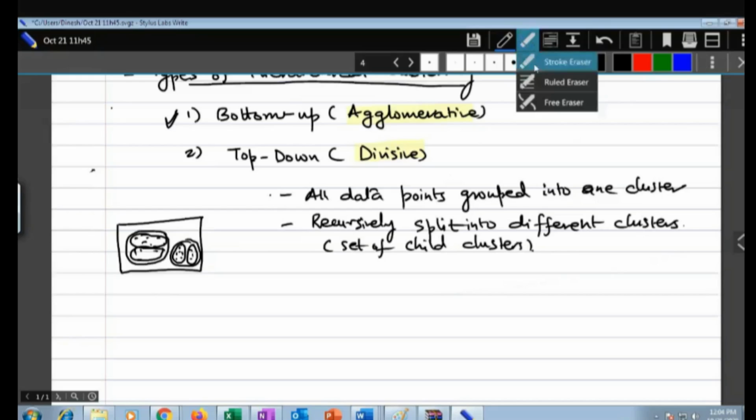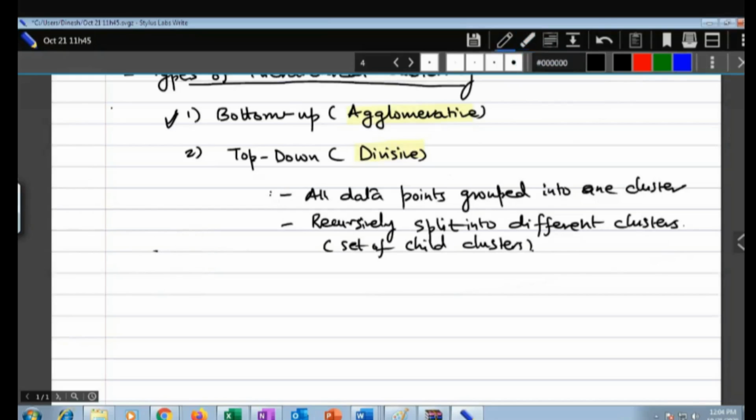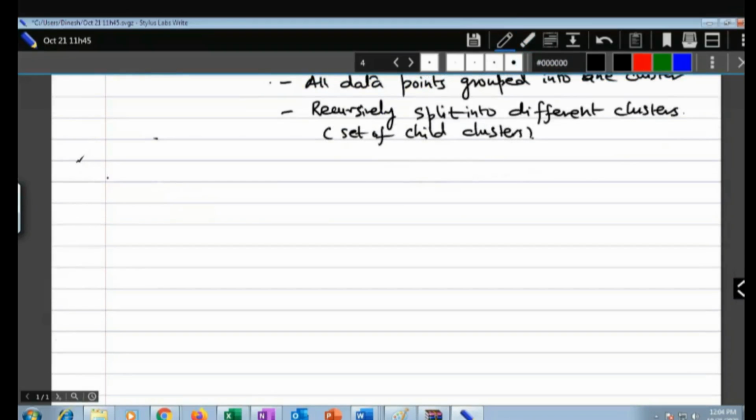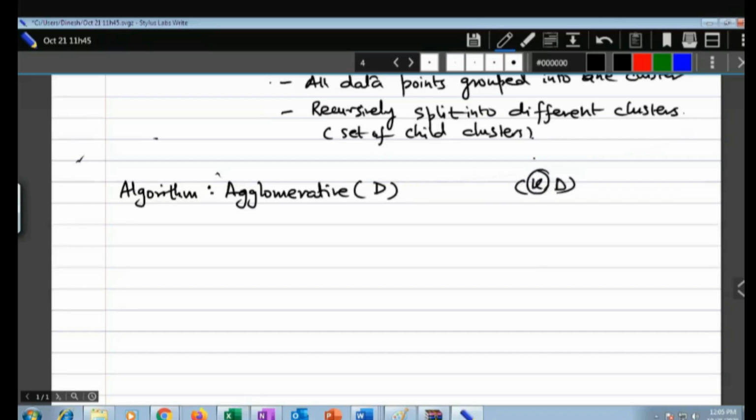So let me clear this. Like yesterday, I will write the algorithm: agglomerative, and the input is D. As you can observe the difference between yesterday's k-means algorithm and this agglomerative algorithm: yesterday we gave the input as K and D, so K had to be initialized or supplied prior to the algorithm.